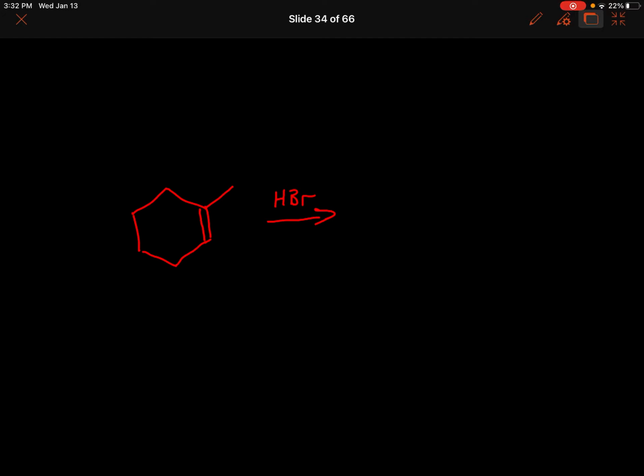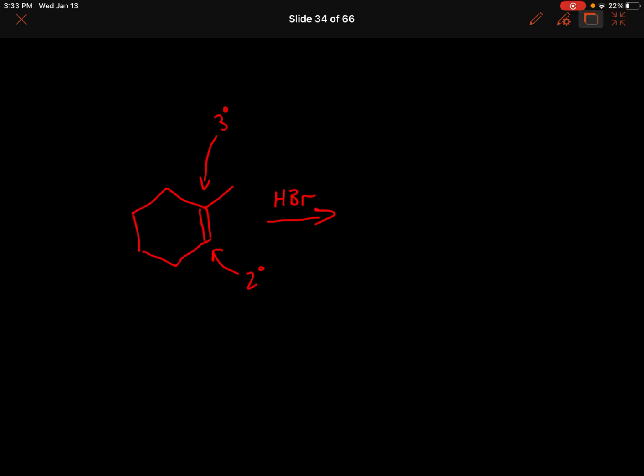So take a second and try to figure out what the correct product of this reaction is. You can see the carbon-carbon double bond is on the ring, but there's a difference between those two carbons that share the carbon-carbon double bond. That is a tertiary carbon. That is a secondary carbon.